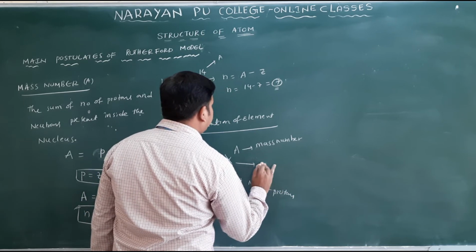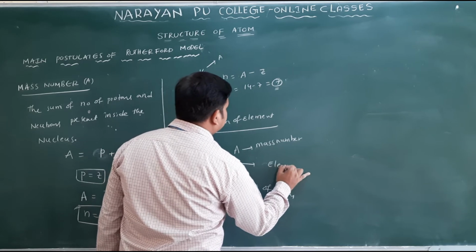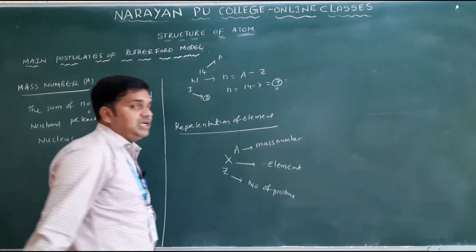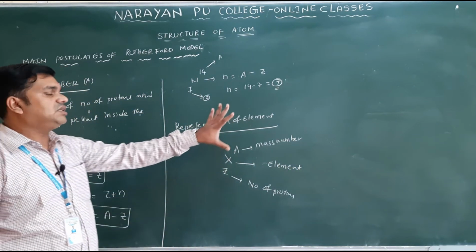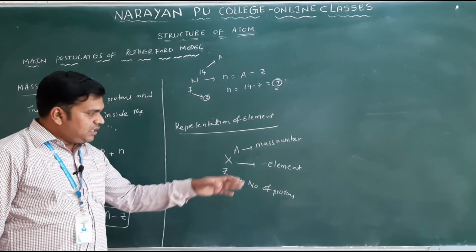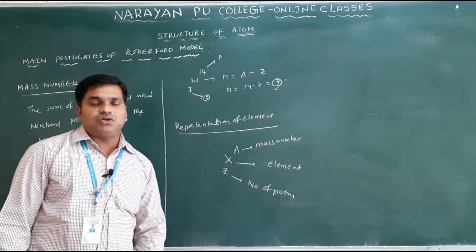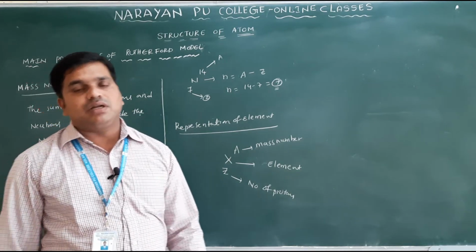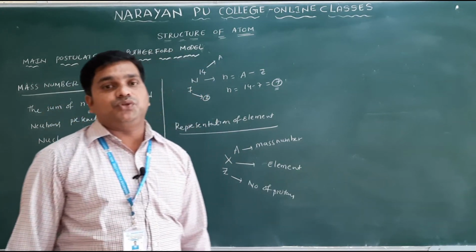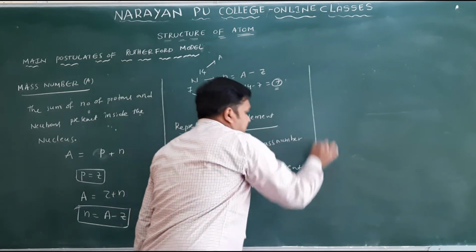X represents the element. So this is the general representation of an element with mass number and number of protons. If elements are given like this, we can find the number of electrons, protons and neutrons in the examples.